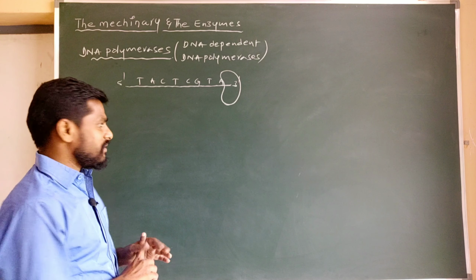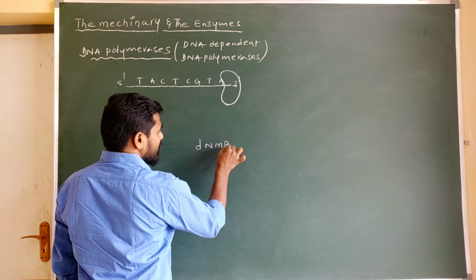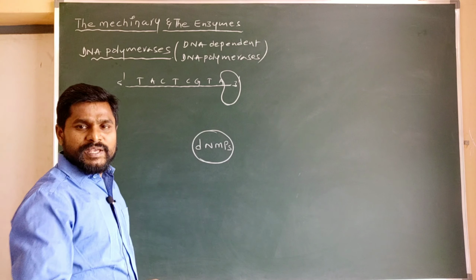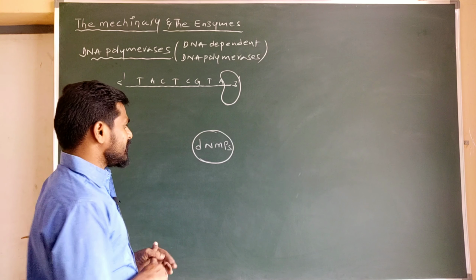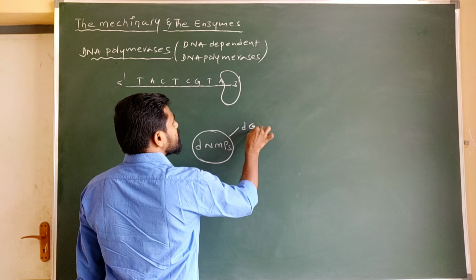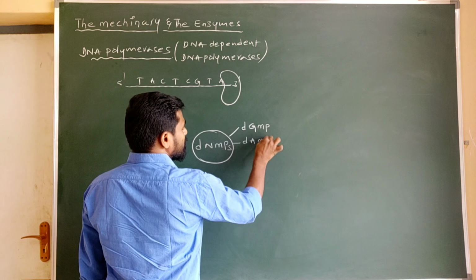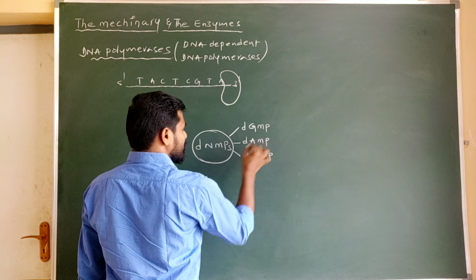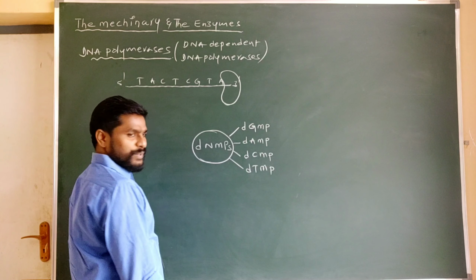This DNA polymerase polymerizes deoxyribonucleoside monophosphate. These deoxyribonucleoside monophosphates are the nucleotides of DNA molecule. You know very well that there are 4 types of nucleotides in DNA. Those are deoxyriboguanosine monophosphate, deoxyriboadenosine monophosphate, deoxyribocytidine monophosphate and deoxribothymidine monophosphate.